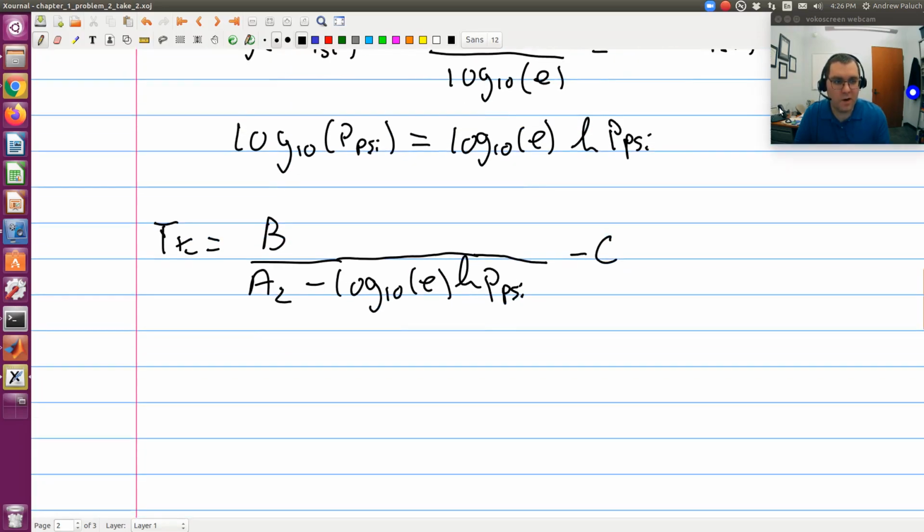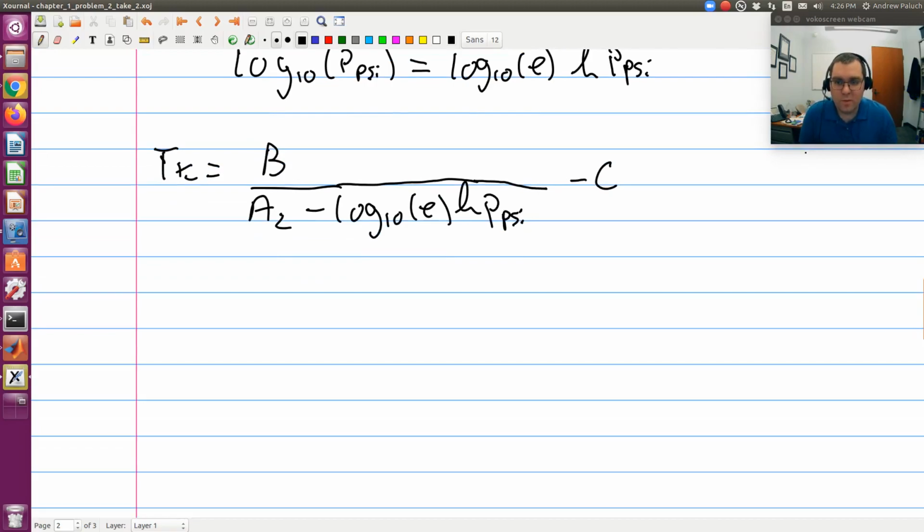Now what we're going to do next is we want an expression that takes the form of an Antoine equation, where it's b over a minus log p minus c. I don't want a constant times my log p term. How I'm going to get rid of this constant is I'm going to do our favorite trick of multiplying by 1. Let me just move the minus c off.